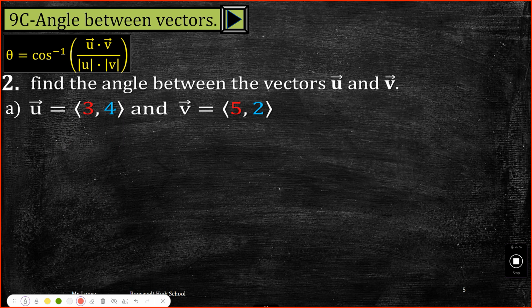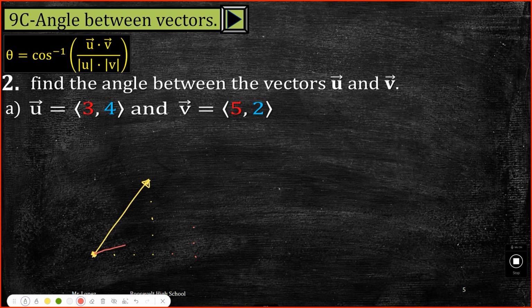If I wanted to draw vector u, it's going to the right 1, 2, 3, and then it's going up 1, 2, 3, 4. So here's the vector. And I'm going to get the vector v and also make it start here as well. So it's going to go right 5, and then up 2.